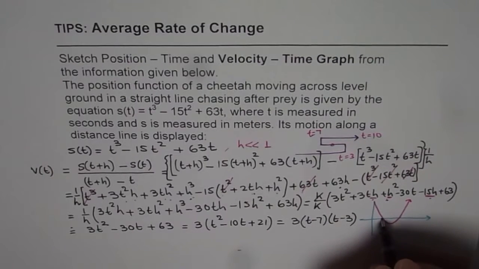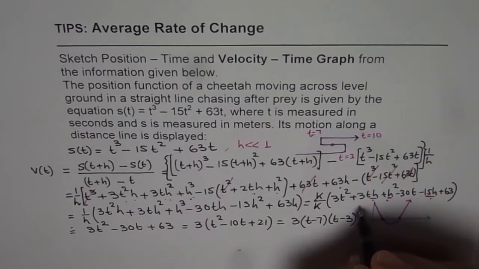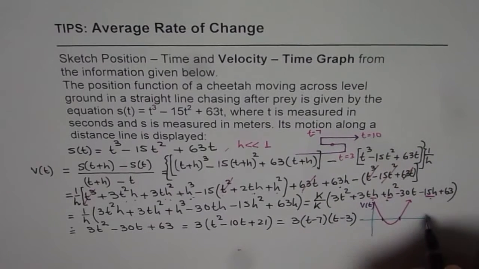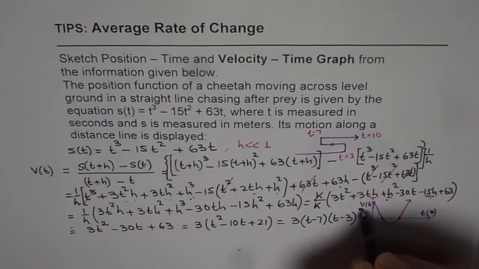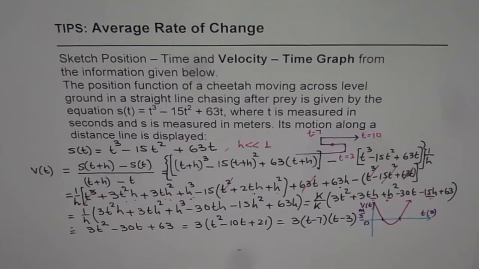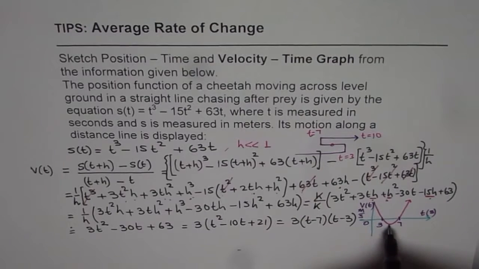Here we have velocity v of t, here we have time t, t is in seconds, velocity is in meters per second, this is 0 for us. This point is t equals 3, this point is t equals 7. The minimum value should be in between 3 and 7, so we can calculate that minimum value. 7 plus 3 is 10, and in between is 5. So if I write 5 here, I can calculate this value.